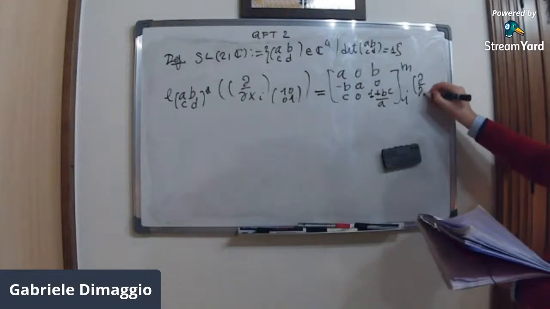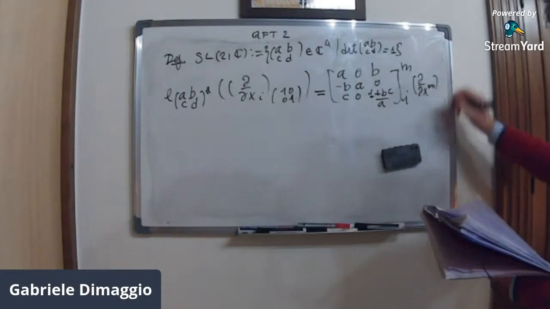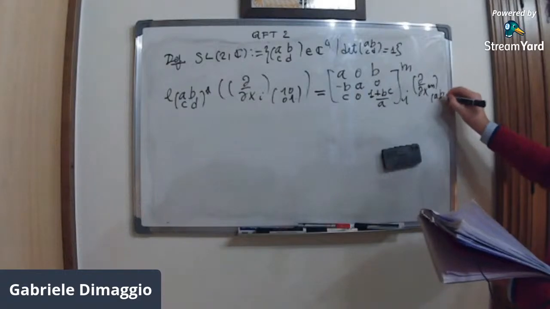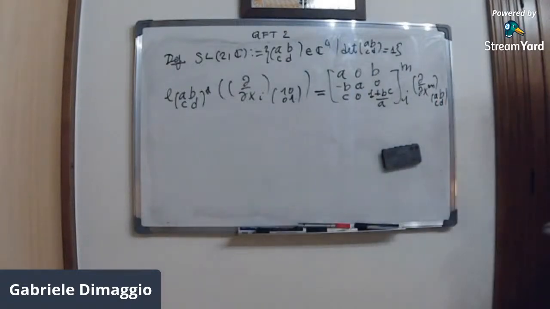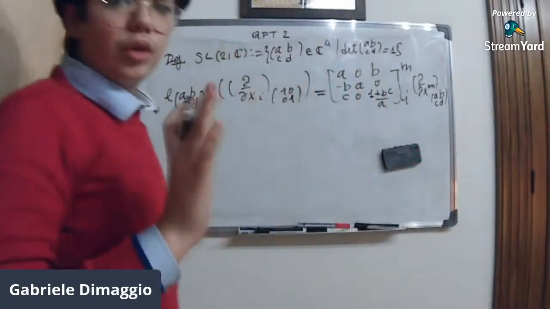And then I have the derivative with respect to M in the ABCD. Okay. So this is another definition.